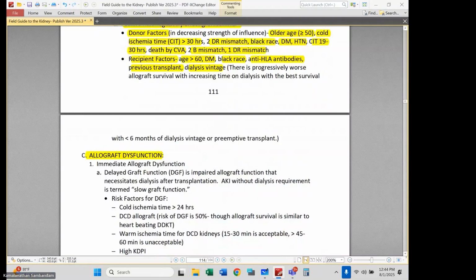Okay? So again, dialysis vintage: certainly this has been shown in data that the longer you're on dialysis, 1 year versus 2 years, 2 years versus 3 years, 3 years versus 4 years, the worse the allograft survival post-transplant, okay? There seems to be no difference between preemptive transplant and being on dialysis for just 6 months, though, okay?